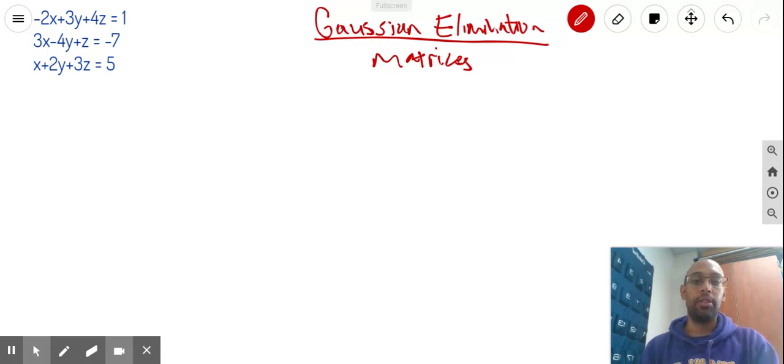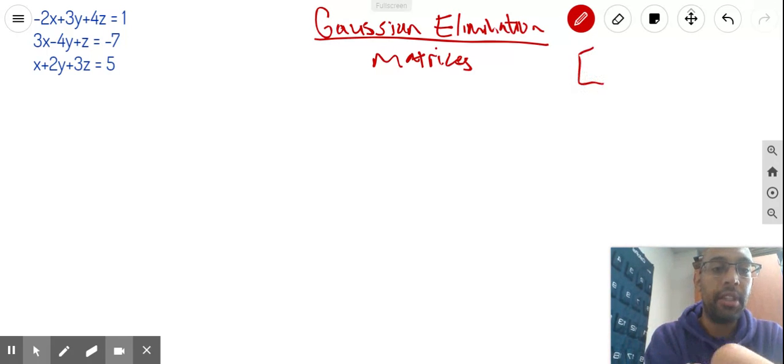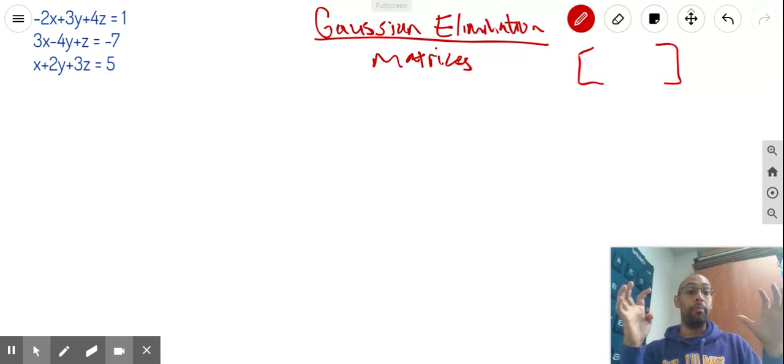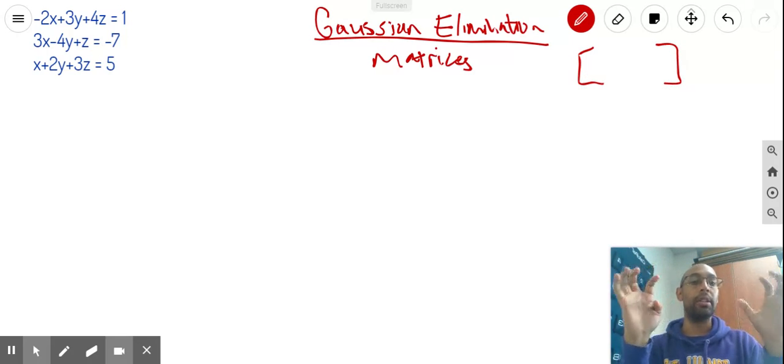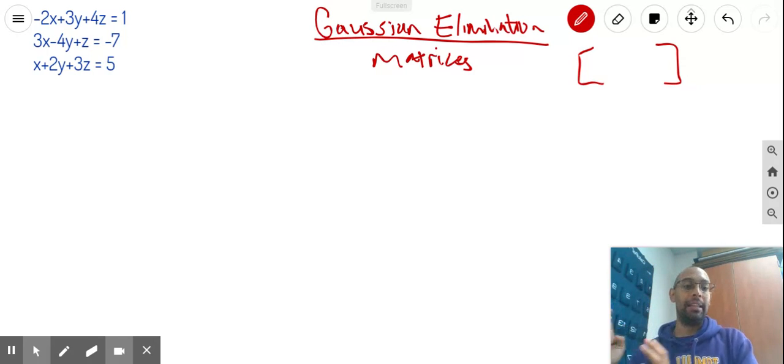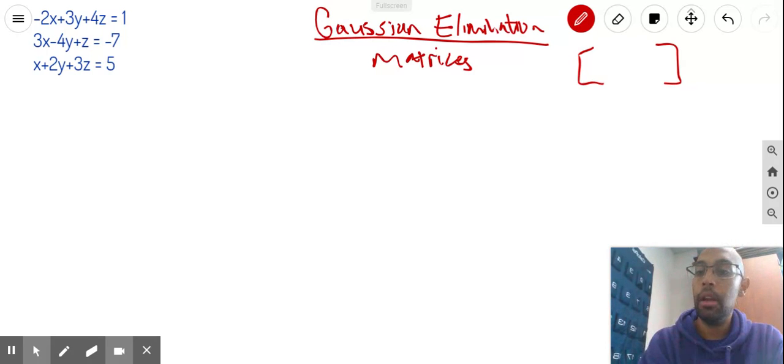So what does a matrix look like? It looks something like this. Sometimes you may see stuff in brackets with numbers, letters, or variables inside. That is a matrix. So how do we create this matrix to do Gaussian elimination? It comes from the coefficients in front of your variables and the constants.